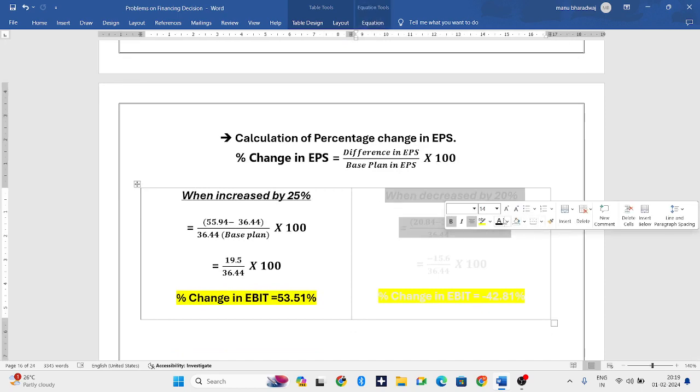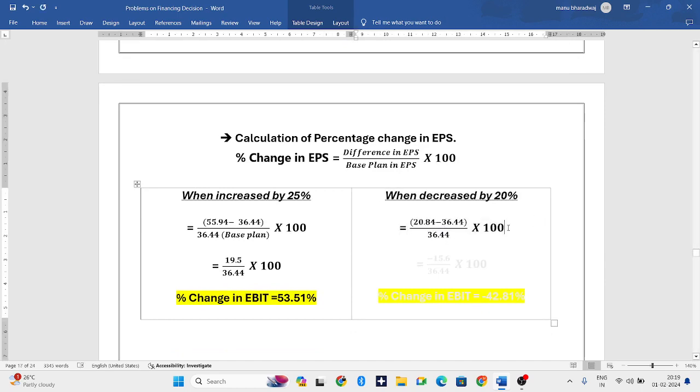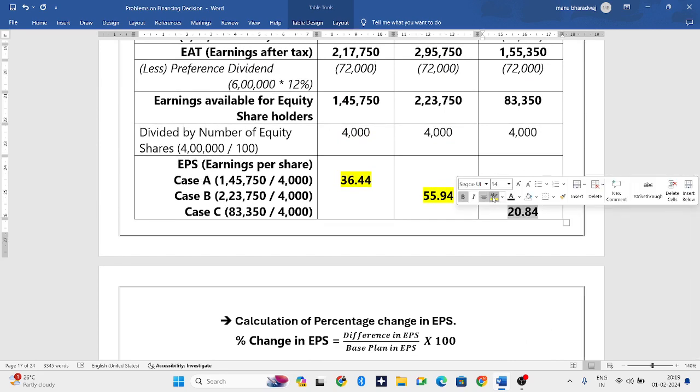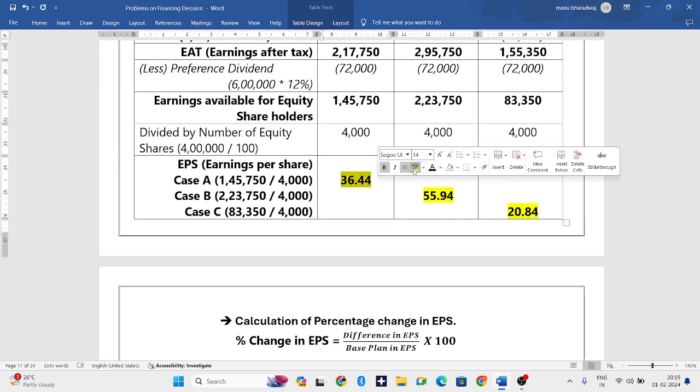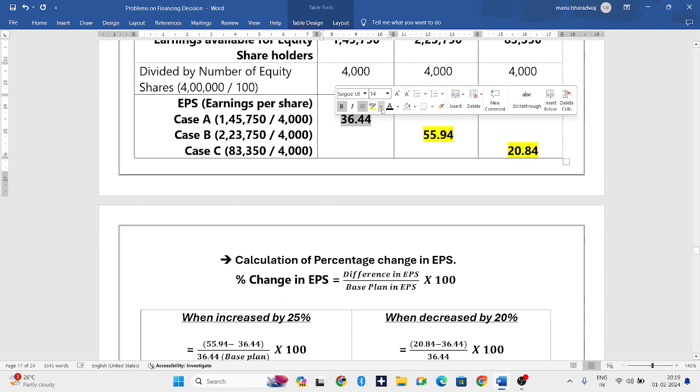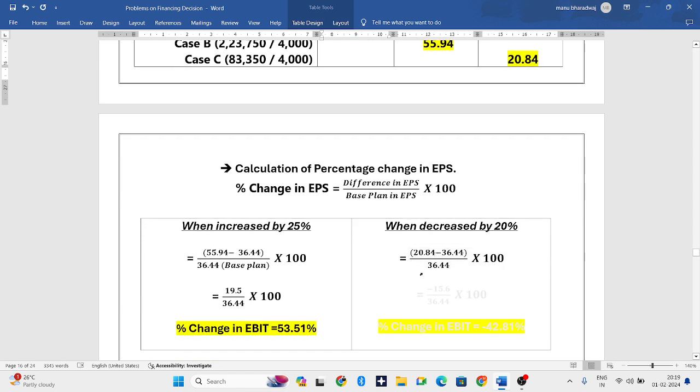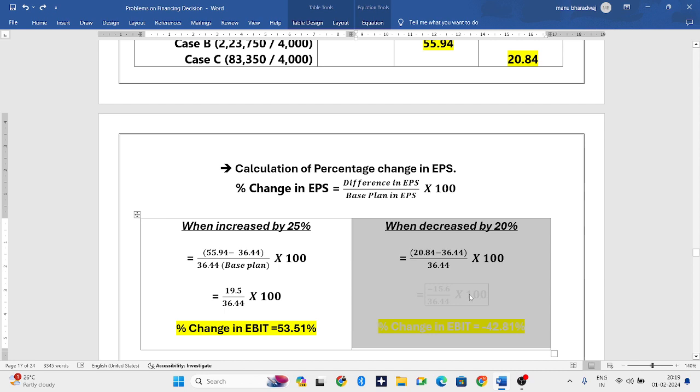Similarly, you have to find out for plan C. When it is decreased by 20%, it is 20.84 minus 36.44. When you do that, you will get minus 15.6.